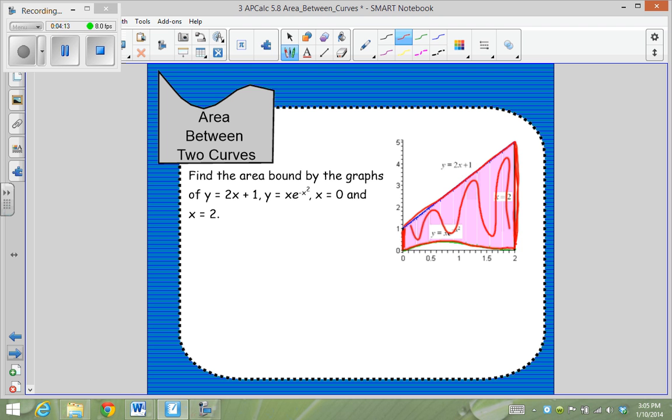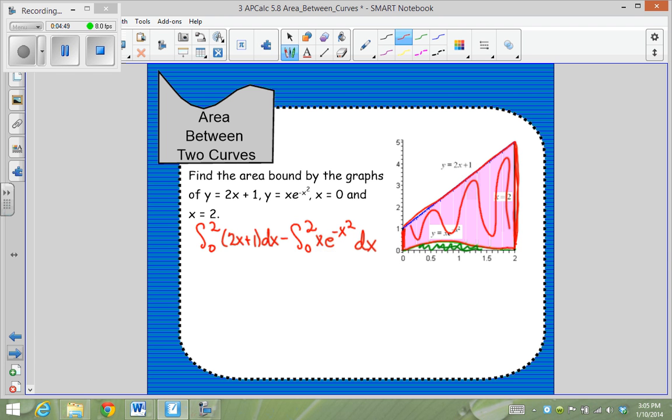If I find the area under y equals 2x plus 1, that would simply be integral from 0 to 2 of 2x plus 1 dx. That finds the whole area under the curve. But this piece right here does not need to count. Okay, so I would need to subtract that area that is under the curve x e to the negative x squared dx.